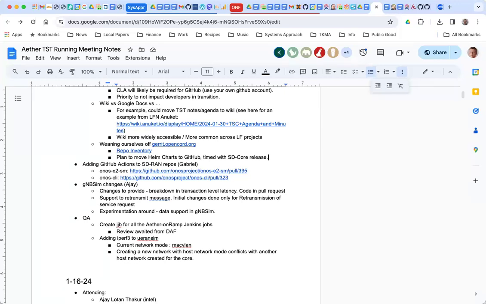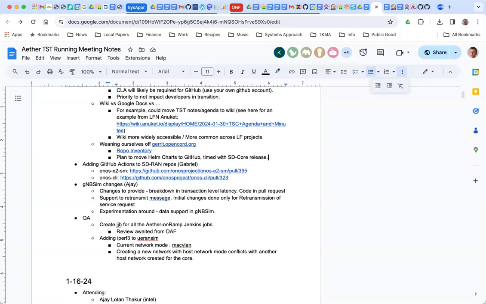So that was the use case for adding retransmission message support, and we have added that support as well. I just need to raise the pull request, but the code is available in my fork. I should do it today itself. The caveat is that I have done it only for one message, but the framework is very generic and we should be able to extend it to the other messages as well. Good.